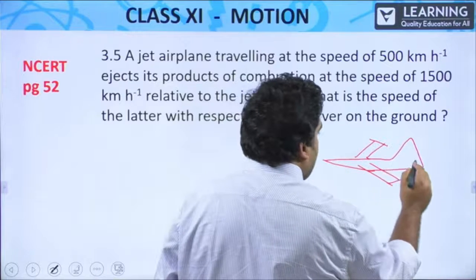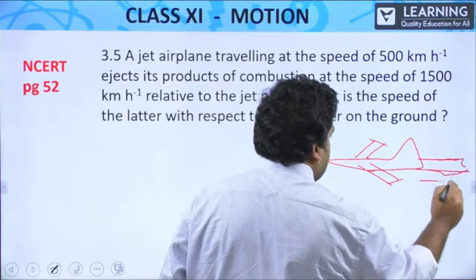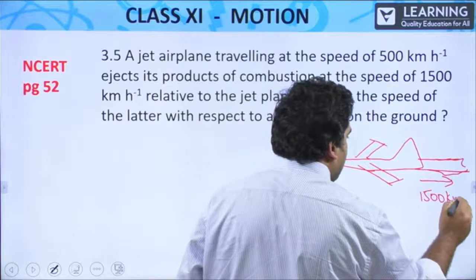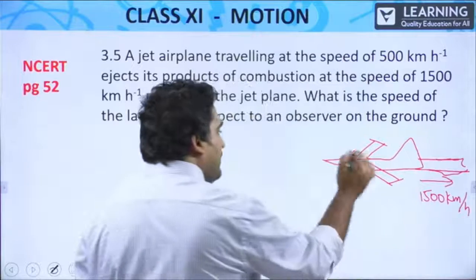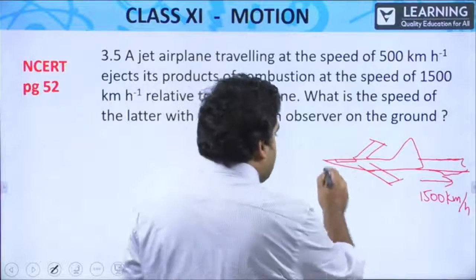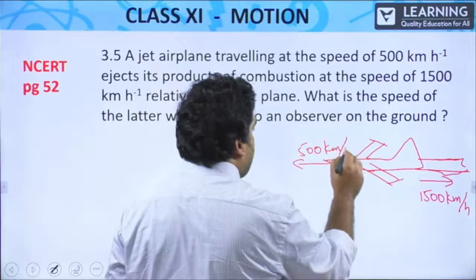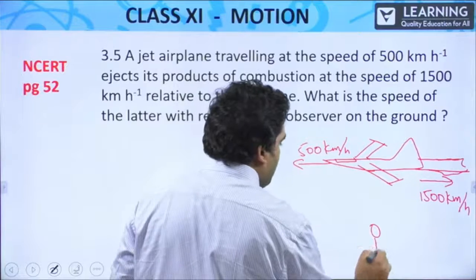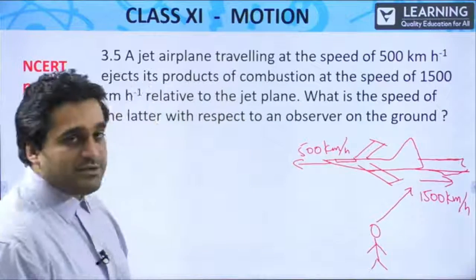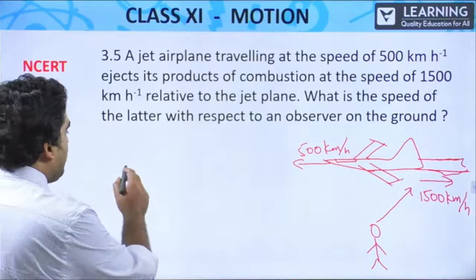And there are the products of combustion. So these products are ejected at 1500 km/h with respect to the jet plane. The jet plane itself is moving at 500 km/h. So for an observer who is on the ground, what will be the speed of combustion? So let us make note of this.